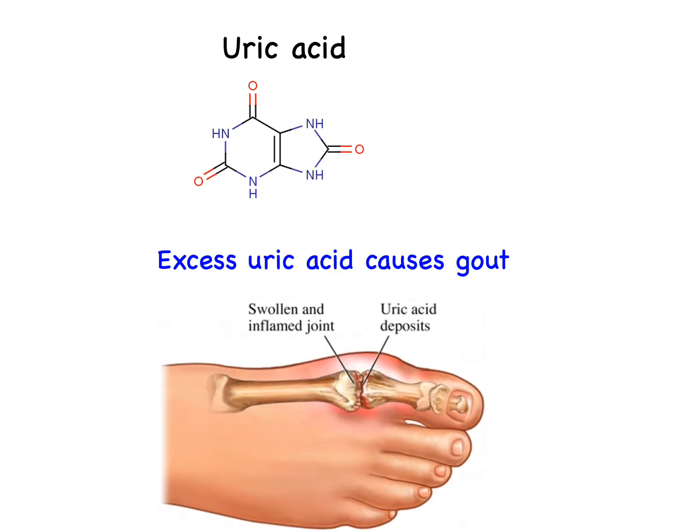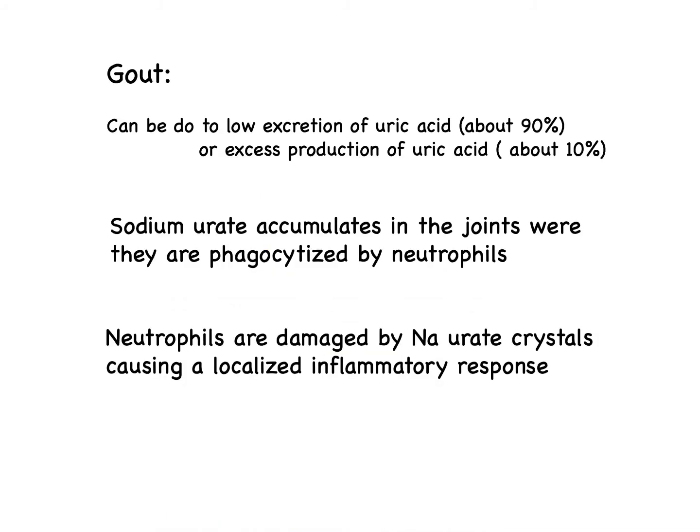Now, if we have an excess of uric acid, that creates some problems, mostly in the joints, because it gets deposited there, and it can cause inflammation, which is basically called gout. And gout can be due to difficulty in excreting uric acid or in excess production of uric acid.